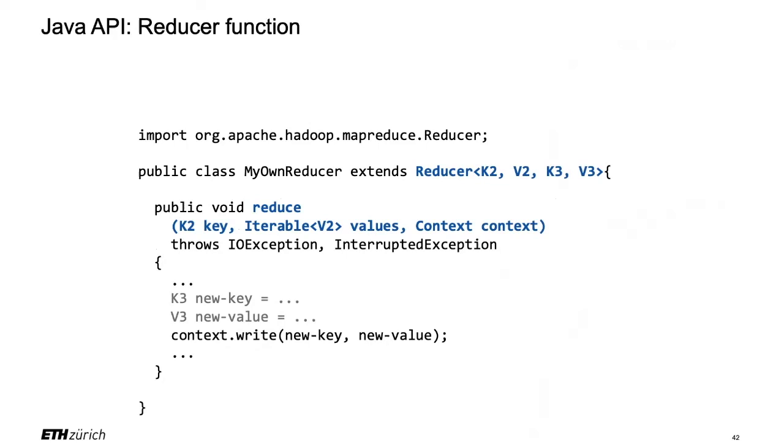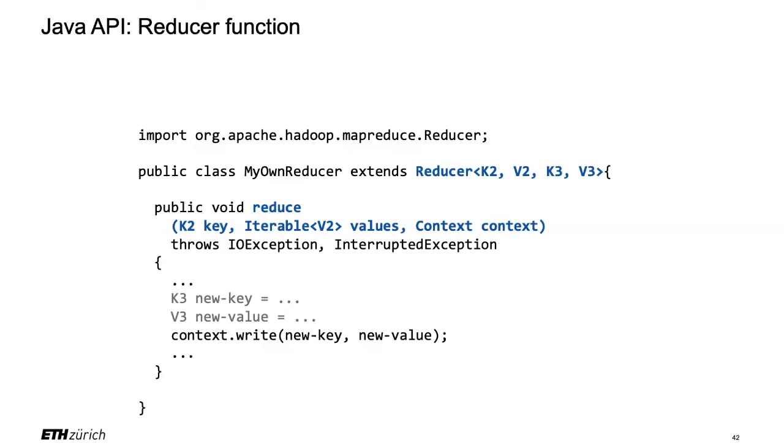Reduce is slightly different because here you have a key that belongs to the group that you reduce together, but the values come as a list of values. So it's convenient to just only require that it's iterable. So you just stream your way through it, right? Next. So you go through the values associated with that key.